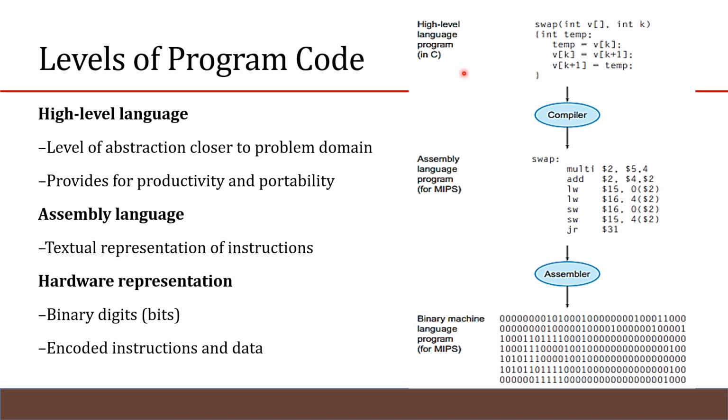High-level languages are considered high-level because they are closer to human languages than machine-level languages, and they have a simple syntax. We need a compiler to convert this high-level language to low-level language.